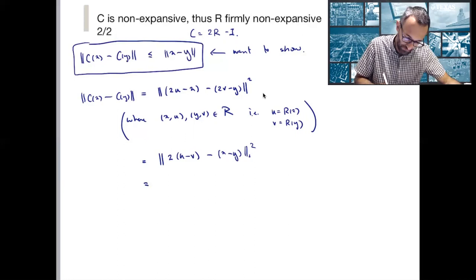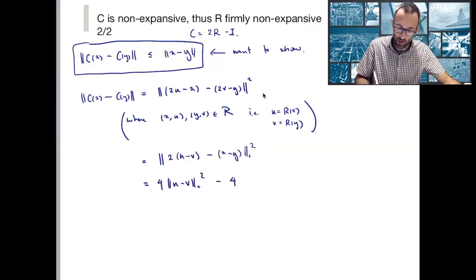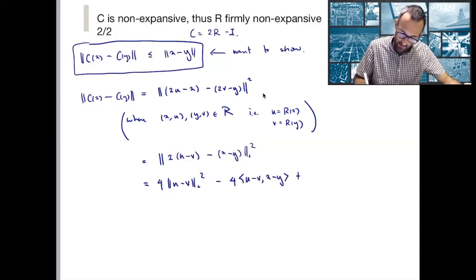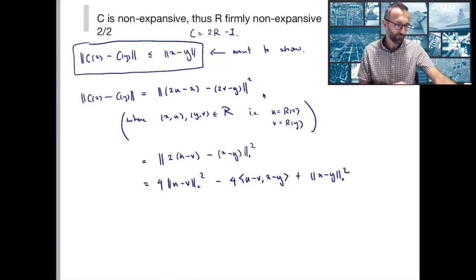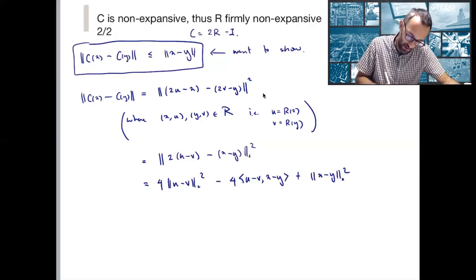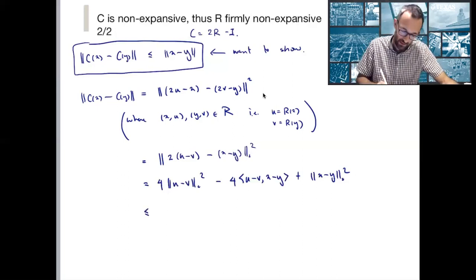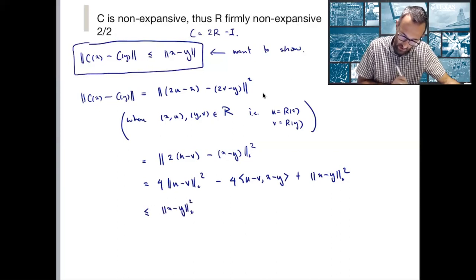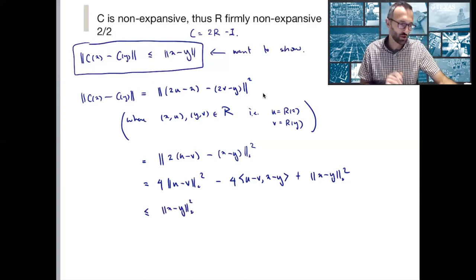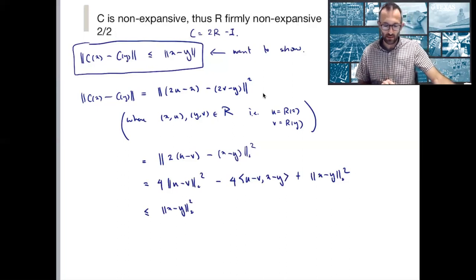This is equal to 4 times u minus v squared, minus twice the cross term, u minus v dot x minus y, plus the last term squared. And this is less than or equal to x minus y squared. So make sure that you see how I did this last step.